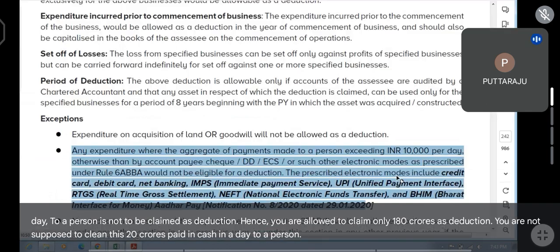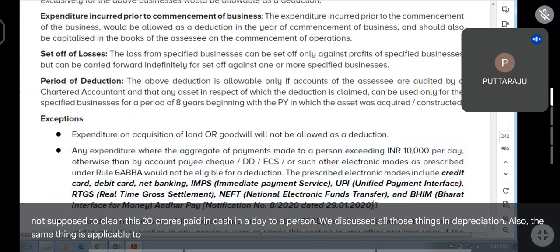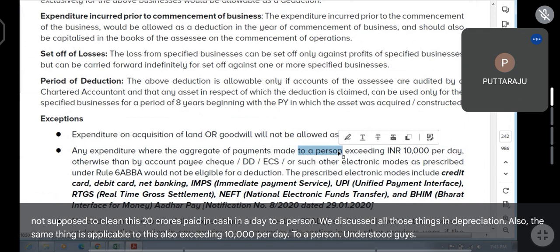We discussed all those things in depreciation also. The same thing is applicable to this also: exceeding 10,000 per day to a person. Understood, guys? This 10,000 concept we are studying for the second time.